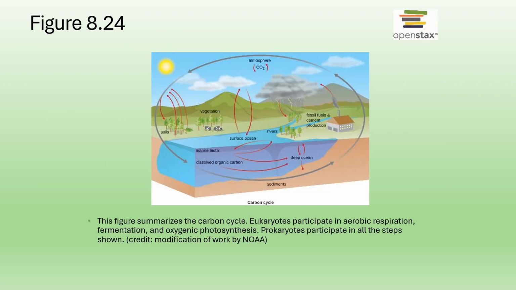This is just showing an example of the carbon cycle, of how things are growing. You have carbon tied up in plants, different vegetation, you have production of CO2, and then as plants die, that carbon gets back in the soil, etc., and just how everything is interconnected.